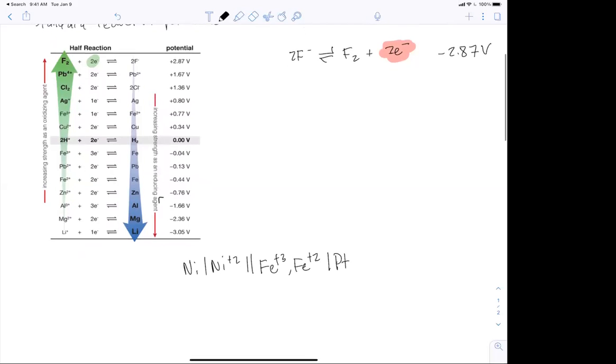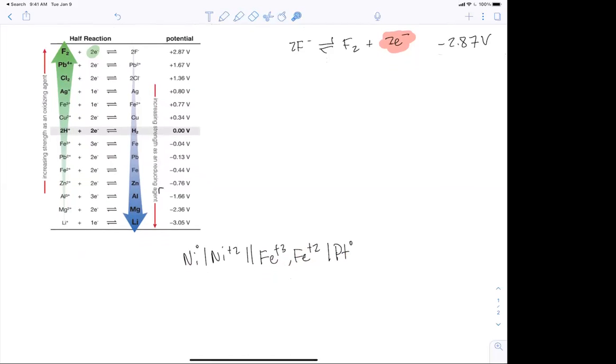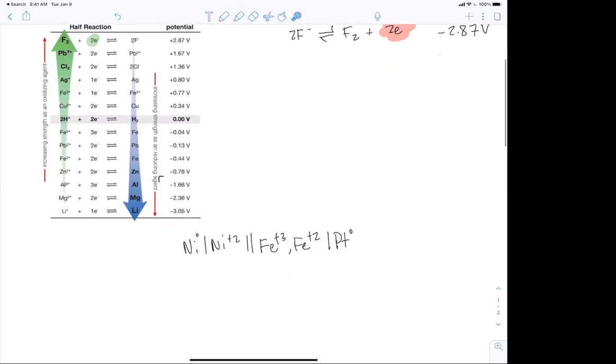At the anode, we have solid nickel. And then over at the cathode, we have this solution of iron 3 that's getting reduced to iron 2. And we have, of course, a platinum electrode over there because these are both cations. So remember, if you have charges on these, they're not going to be anodes or cathodes. They're going to be in solution. And so we have to use platinum, which is inert.